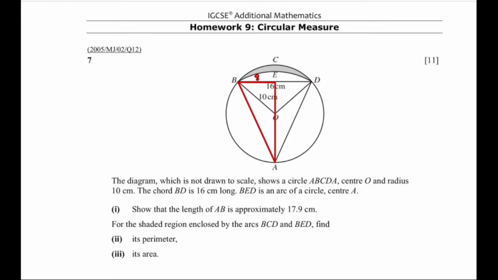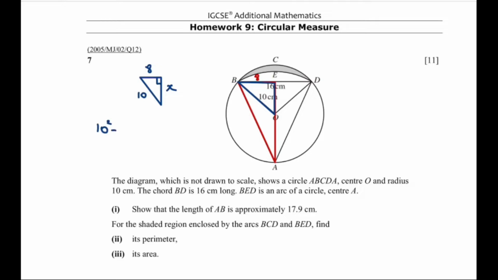And if you have a look at the smaller right angle triangle, there's a dimension of 8, 10, and there's an unknown x here. If I want to figure out the unknown x, I can use Pythagoras theorem.